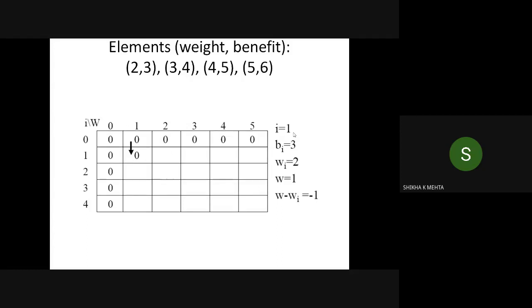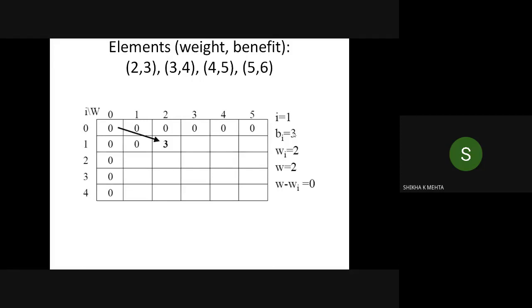The first item will be accommodated over here, where the capacity is already indicated by the index value, that is 2. So we have marked here the benefit associated with this particular weight.